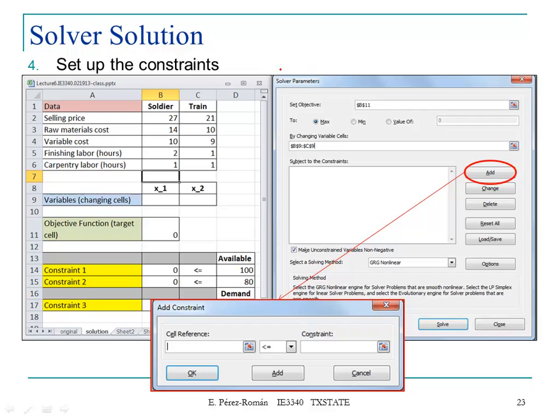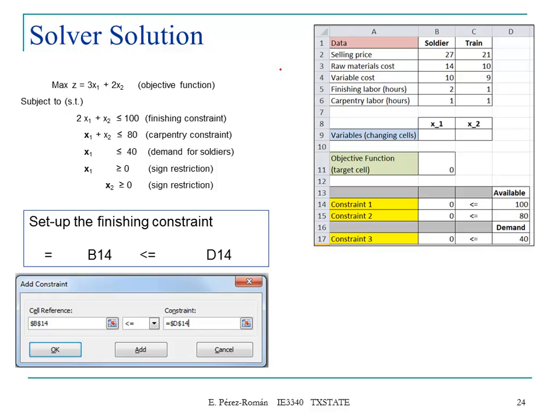For the cell reference, let's start with the first constraint. Our first constraint is this one, 2x1 plus x2 less than or equal to 100. So you know your first constraint is this row. You're going to use this cell reference just to tell the solver to use this cell. Your constraint is less than or equal, so that stays the same.